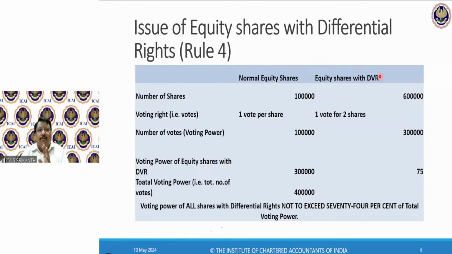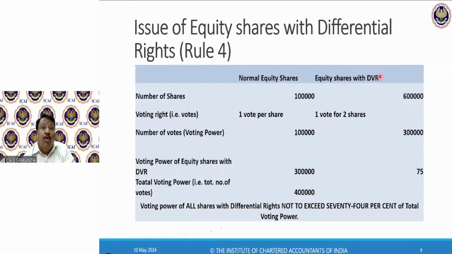Now what is the total voting power? For the normal equity shares, it is 1 lakh. For the DVR shares, it is 3 lakhs. Why 3 lakhs? Because though the number of shares is 6 lakhs, they get only 1 vote for 2 shares. So if at the time of voting all the DVR shares vote, for 6 lakh shares they still have only 3 lakh votes, because for each 2 shares they get only 1 vote.